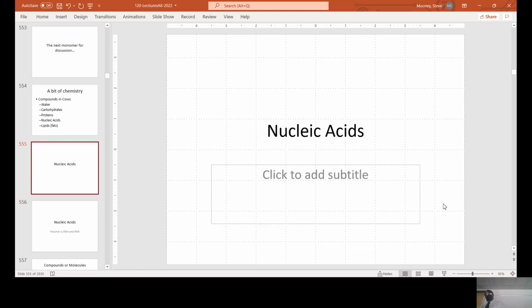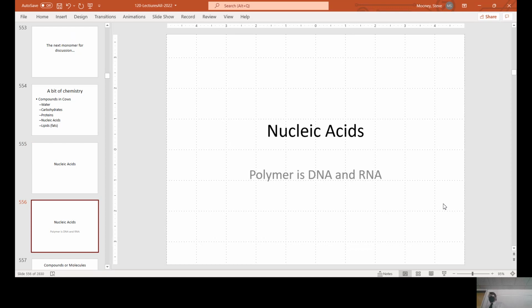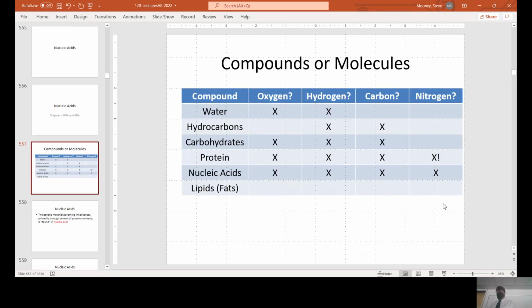We string those together to get DNA, deoxyribonucleic acid, or RNA, ribonucleic acid. And they go together a little bit differently than what we've seen so far, but still have those dehydration and hydrolysis reactions to link them together.